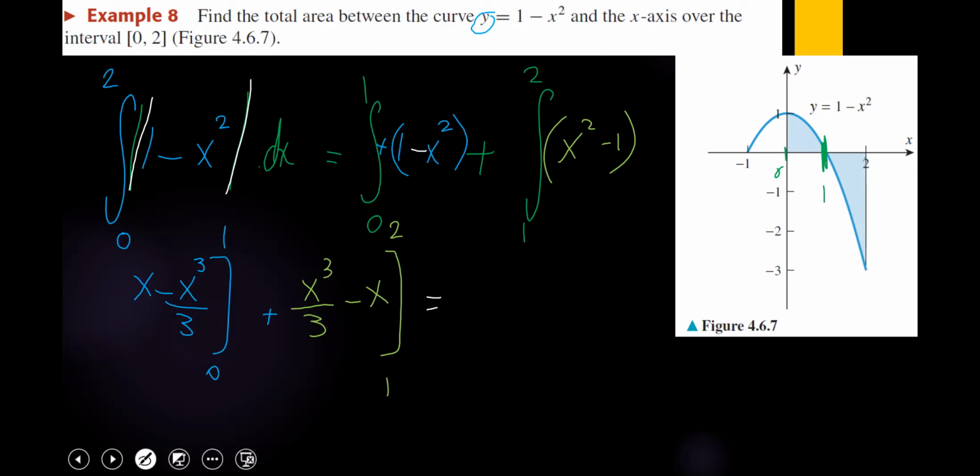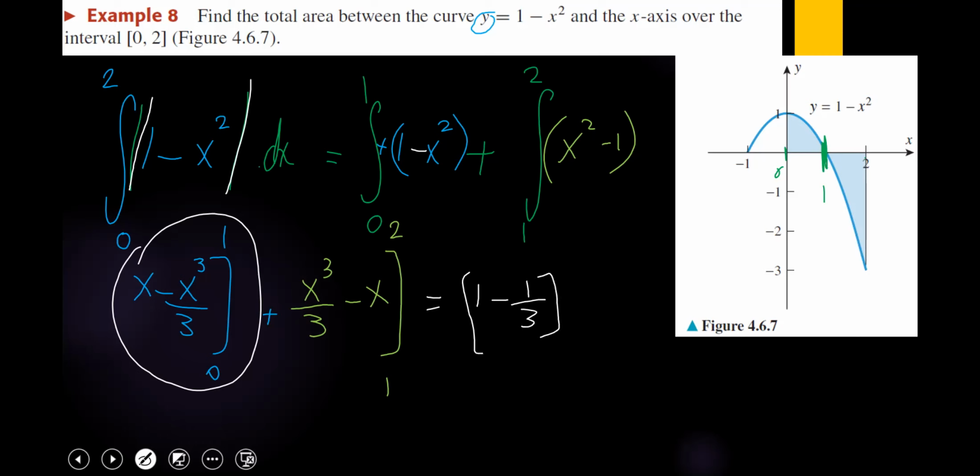Then now, let's evaluate. Let's start with this part here. What did we have? We have 1 minus 1 over 3, minus 0, plus 2 to the power 3 over 3 minus 2, minus 1 to the power 3 over 3 minus 1.